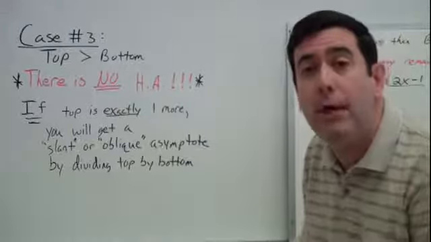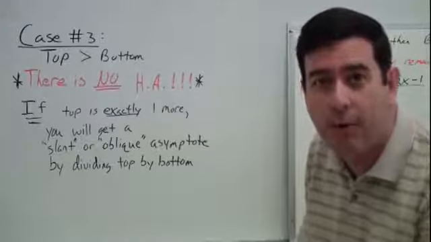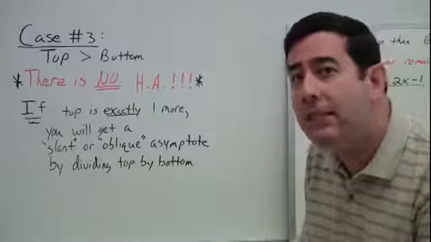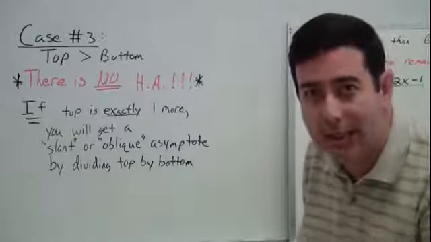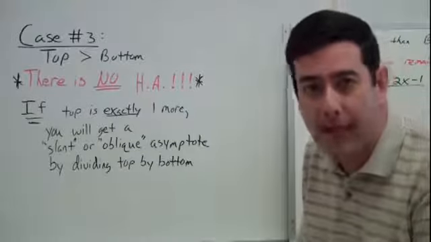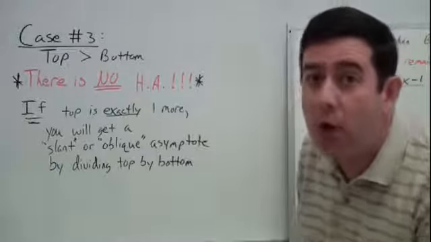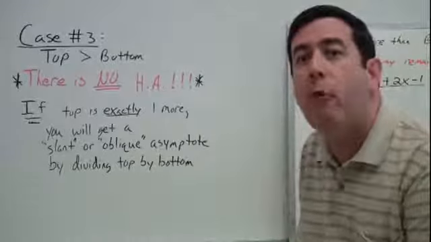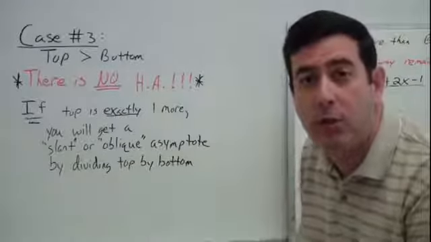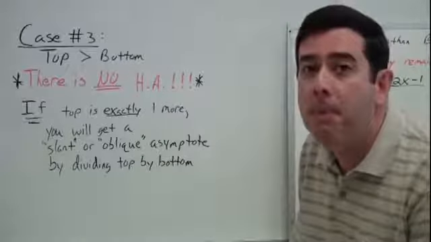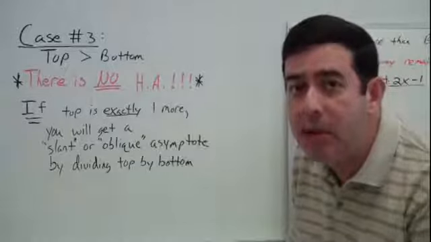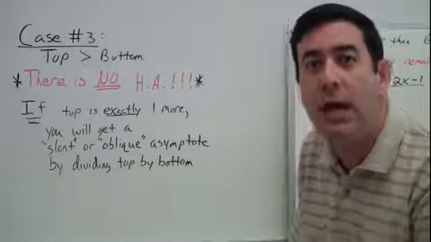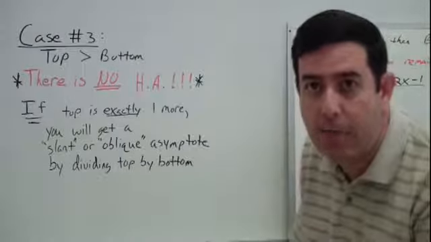If the top degree is exactly 1 more than the bottom, you can instead get what's called a slant or oblique asymptote. The top degree must be exactly 1 more than the bottom for a slant or oblique asymptote to occur. And remember, horizontal asymptotes and oblique asymptotes cannot be in the same problem.